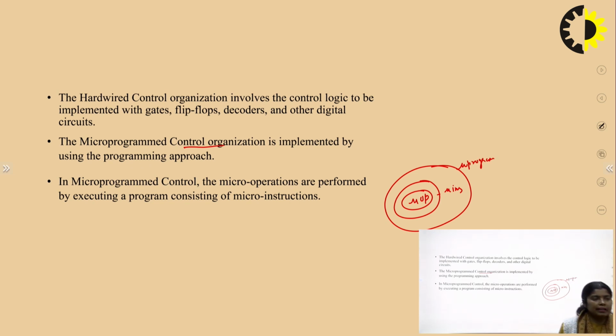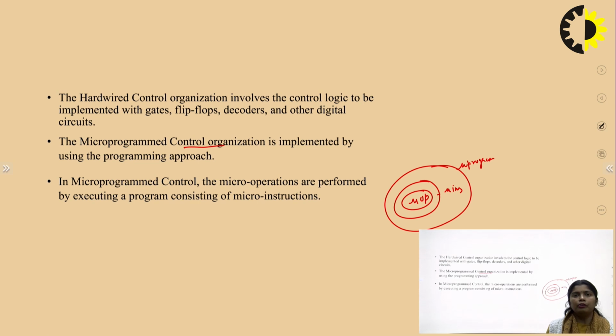So the micro operations are the operations performed in the registers, whether addition, subtraction, or whatever. All operations performed in the register are called micro operations, the group of micro operations is called micro instructions, and the group of micro instructions is called a microprogram.